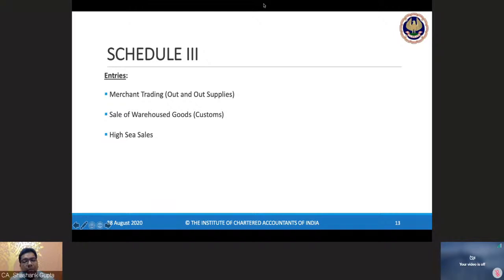When I buy goods from any country, say X, and when the goods come to India, they would actually be liable to customs duty. So customs duty would generally involve basic customs duty plus integrated goods and services tax. That is IGST.